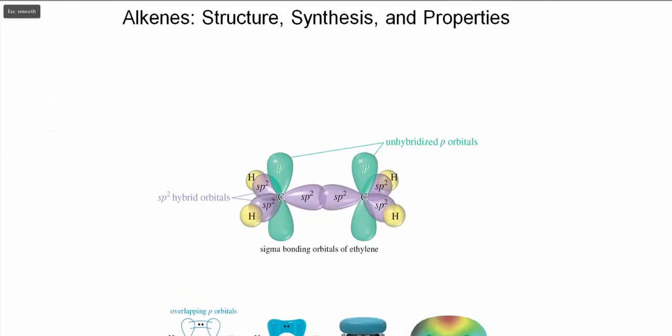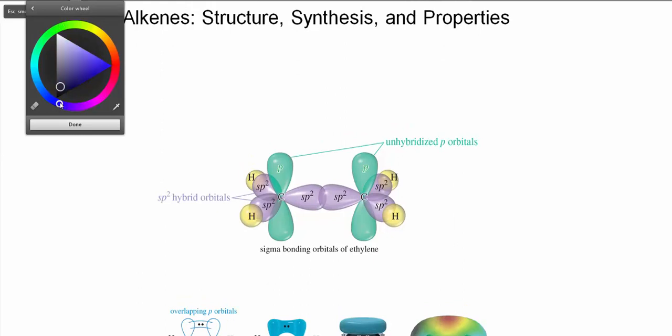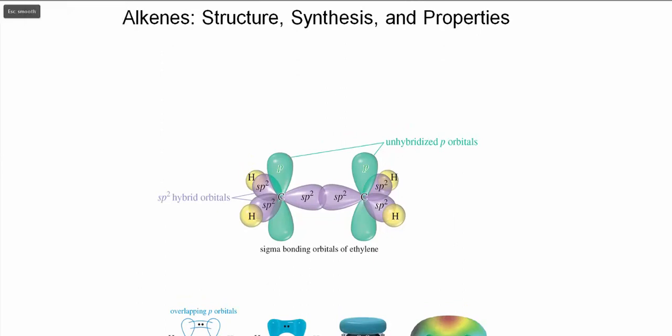Now, the molecular orbital theory of sp2 hybridization. This is something that we have already talked about in great detail in chapter 1.